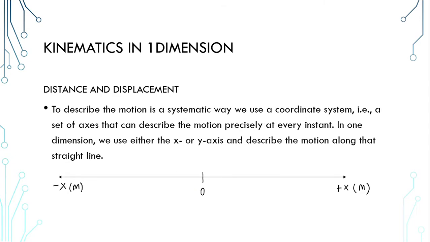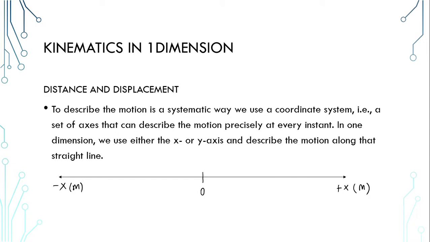Now, to describe the motion in a systematic way in one dimension, we need to use a coordinate system. That is, we need to use a set of axes that can describe the motion precisely at every instant. In one dimension, we deal with either horizontal or vertical motion, and therefore we use either the x or the y-axis to describe this type of motion.